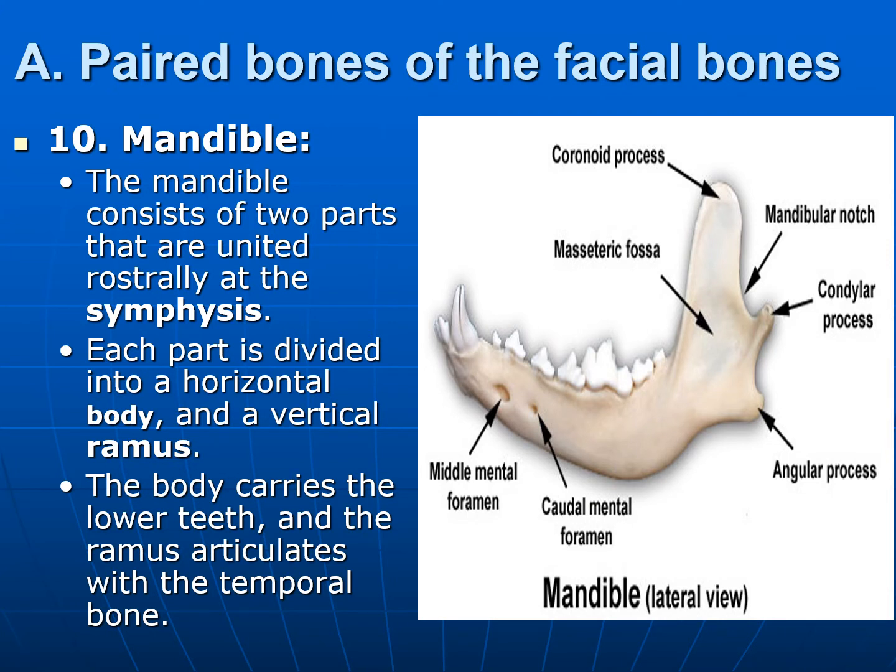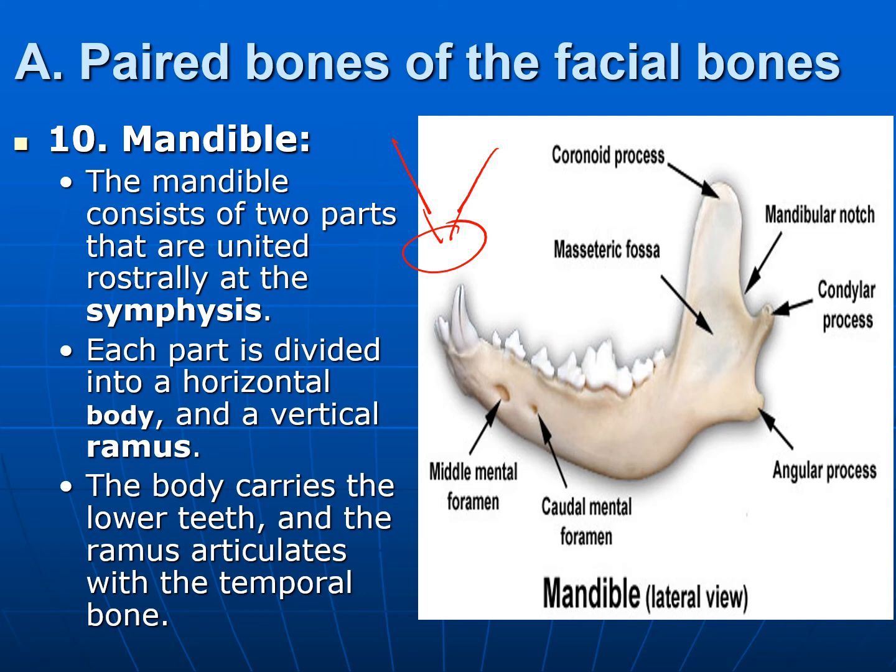Number 10 is the mandible. Usually we have two mandibles that fuse in the rostral portion. So we have them like this, and then they fuse in the rostral portion. This area here we call the mandibular symphysis.